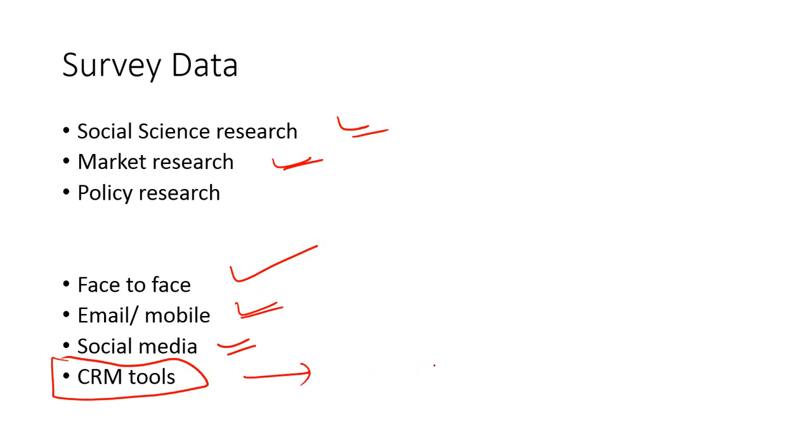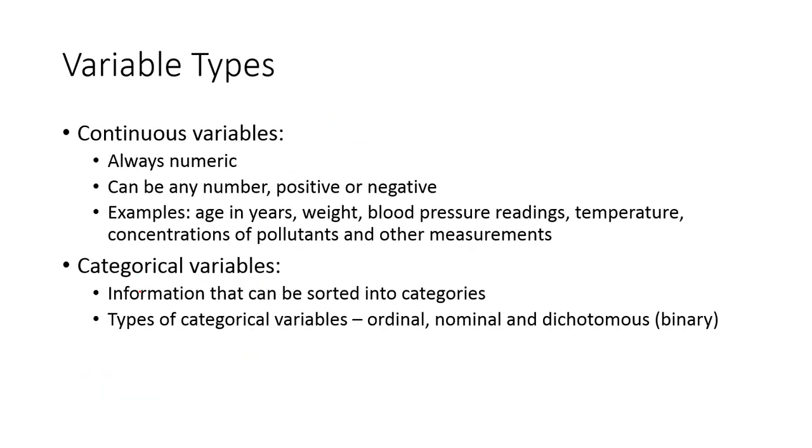With this modern software you can do surveys very easily. So we get data through these sorts of ways, and when you get data you will get it in various forms, and we'll talk about the forms of the data, and then we'll see how we can handle the data before we can use it for analysis.